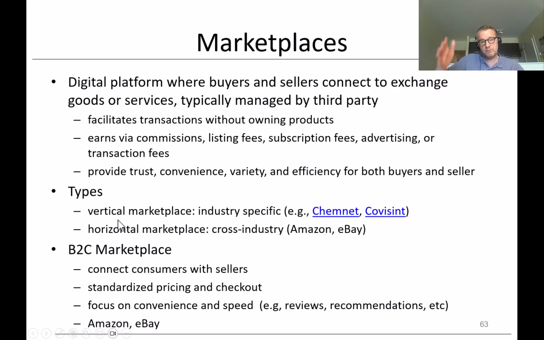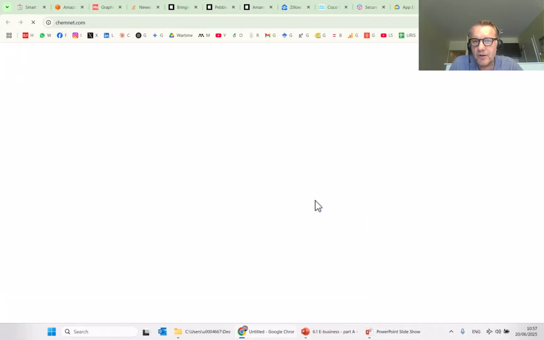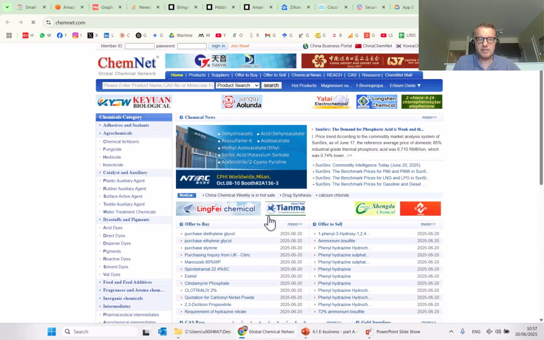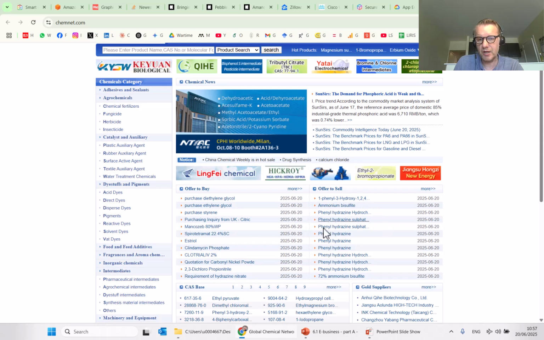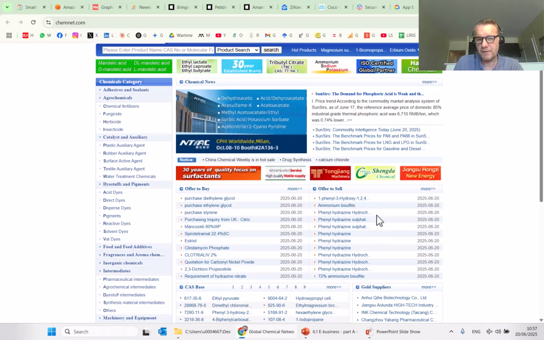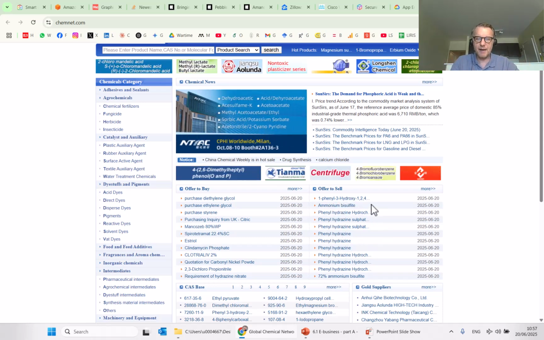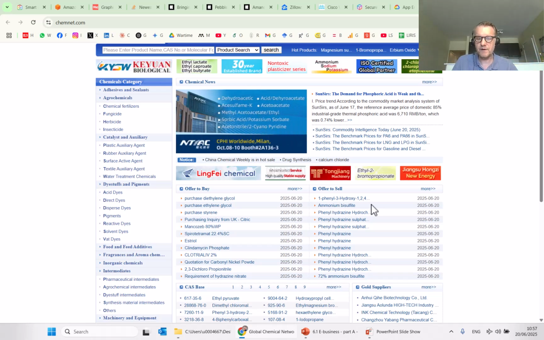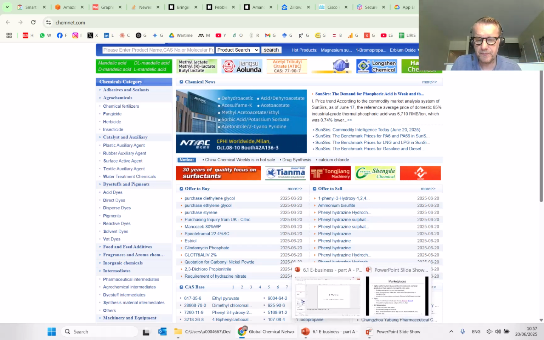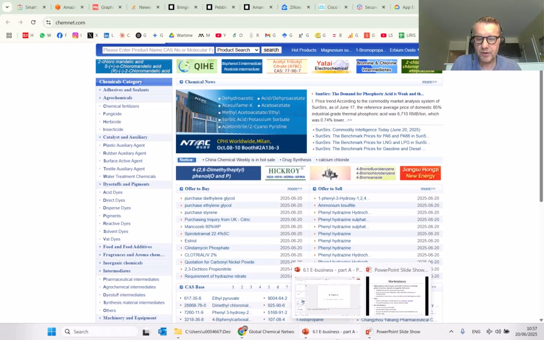They can be vertical, industry specific, like ChemNet. Let's just do ChemNet. That's in a chemistry setting, right? Here you can see buyers that have offers to buy particular types of chemical products and offers to sell also particular types of chemical products. So here you can see that ChemNet is a marketplace that connects buyers and sellers of chemical products.